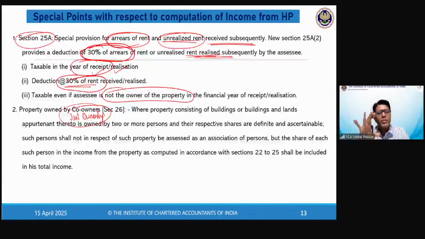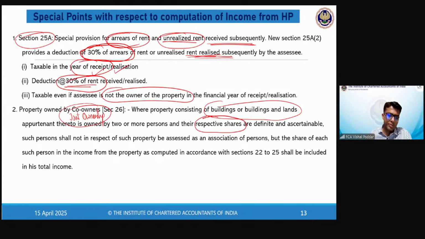So the law says under section 26, you first compute the HP income of this particular property, whatever it is, and then divide this HP income as per the shares of these co-owners. So what it is saying, you first compute the HP income as per whatever we studied in all these sections, and then this amount, whatever HP income or even loss, if there is a loss, will be divided between the co-owners in the respective share of ownership.